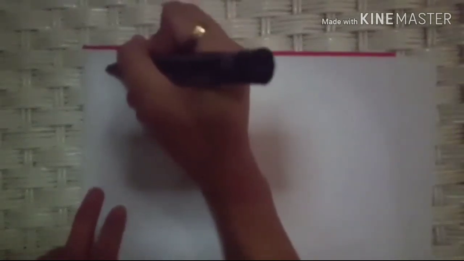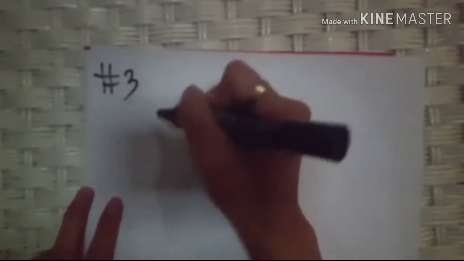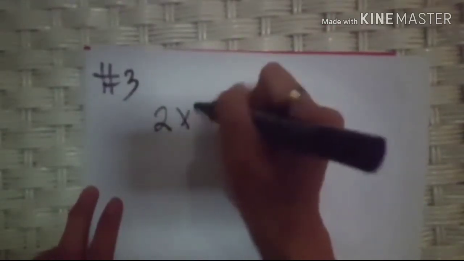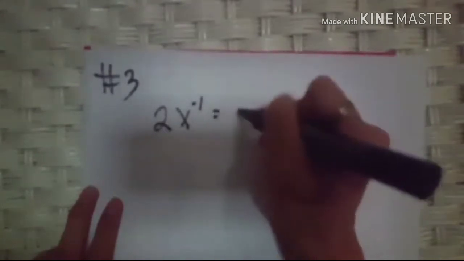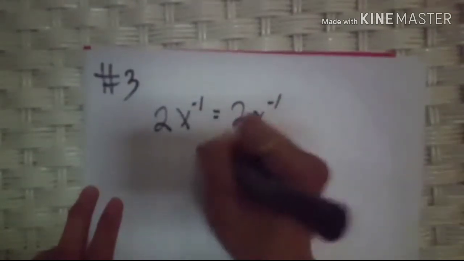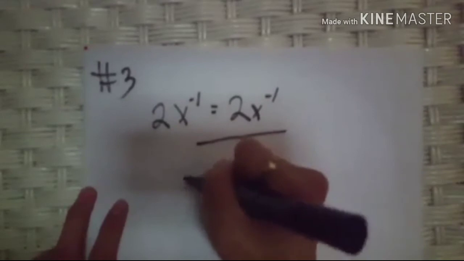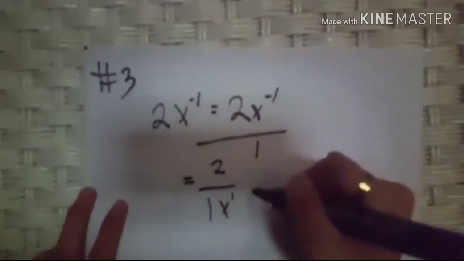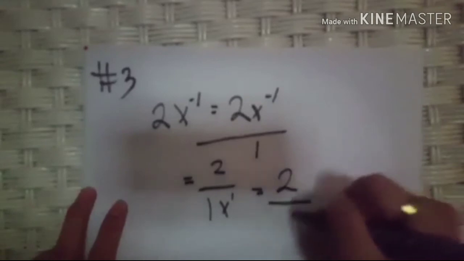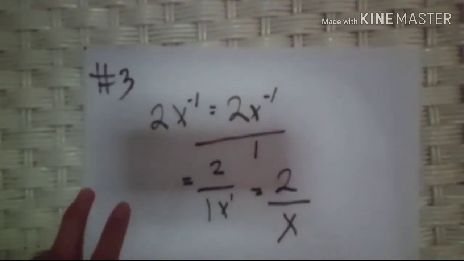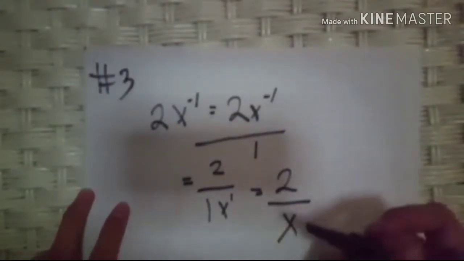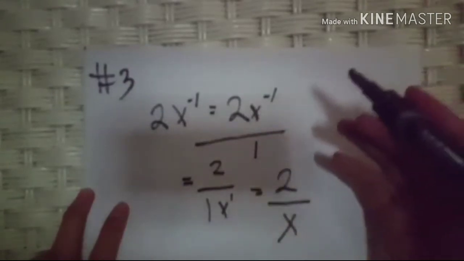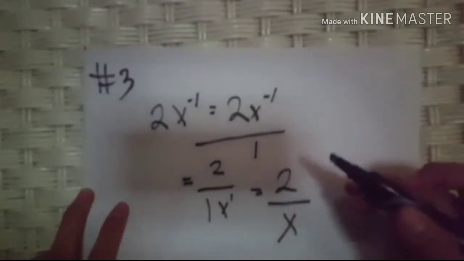Example number 3. The negative power will become just 1 once I move the base to the other side of the fraction line.